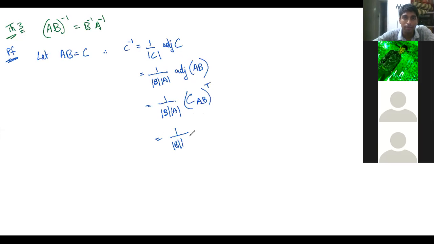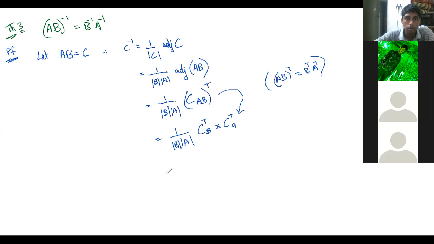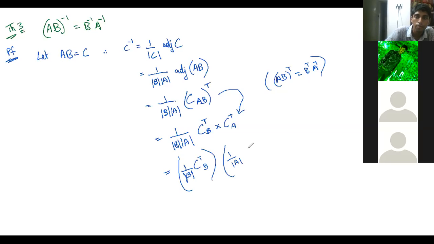Can I say that this is the same as cofactor matrix of B transpose into the cofactor matrix of A transpose? What is the reason? Because we know AB whole transpose is equal to B transpose A transpose. From here, can I say the same will happen with the cofactor matrix? So then I am splitting it in this way. So transpose of cofactor is nothing but adjoint. Basically, this is B inverse.